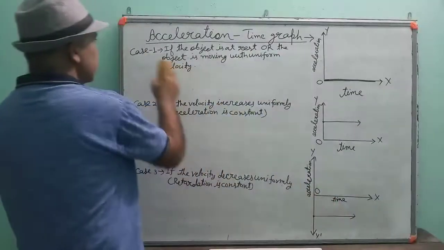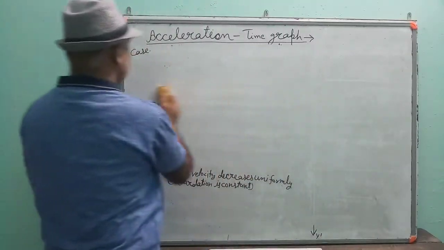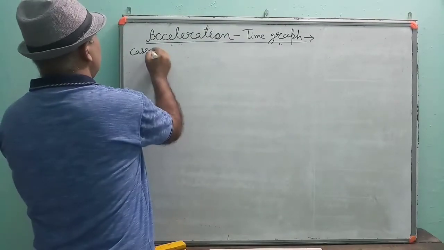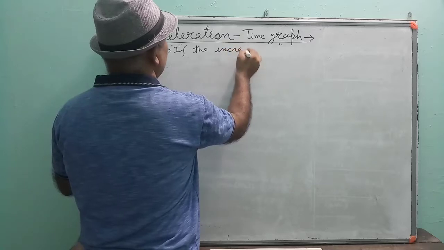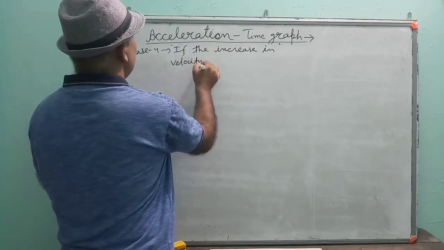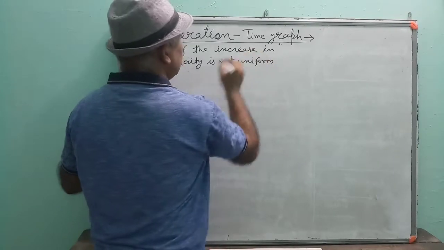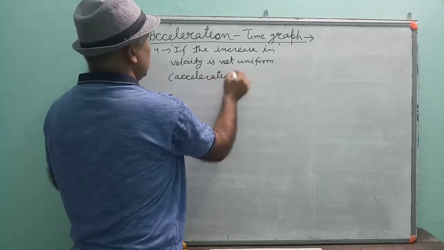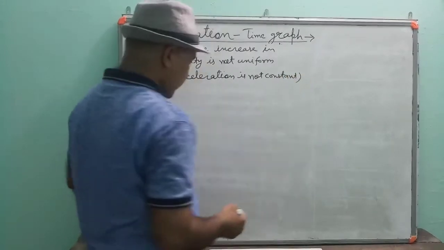Now see the fourth case. If the increase in velocity is not uniform, that means acceleration is not constant.